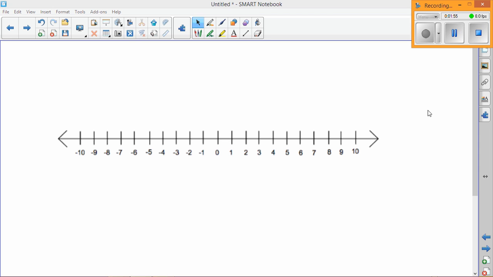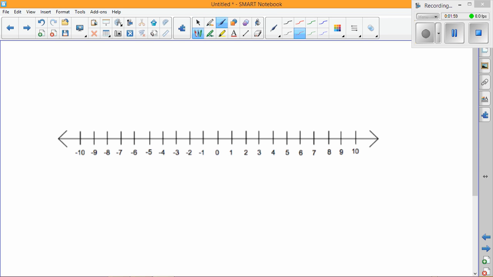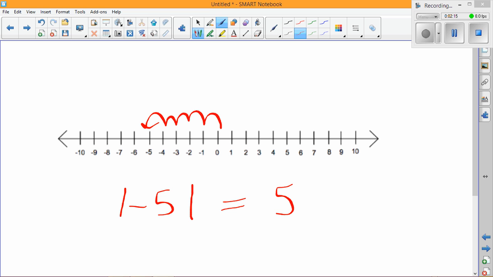It's 5 away from 0. So 1, 2, 3, 4, 5. I've moved 5 spaces to get to -5. So the absolute value we write like this, 2 bars around it, and that is equal to 5. It's 5 away from 0. It's just basically its distance.